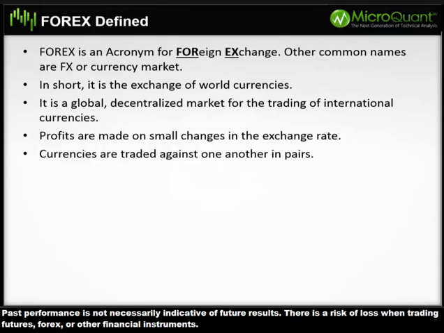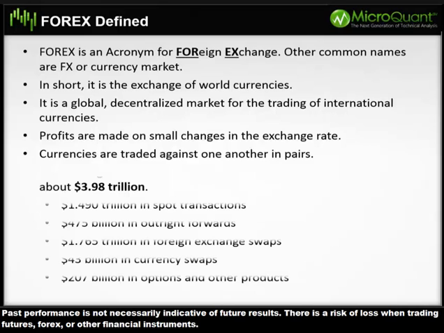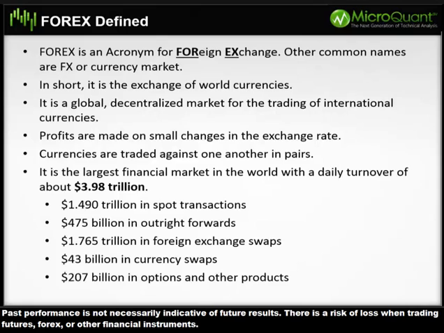And when it comes to that note about it being the largest market in the world, here's a little bit of a breakdown of the figures. The daily turnover is about 3.98 trillion. You can see how it breaks out here: 1.49 trillion in spot transactions, 475 billion outright forwards, and the other bigger numbers there.